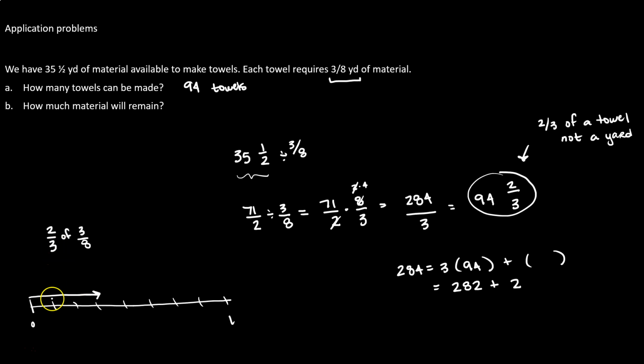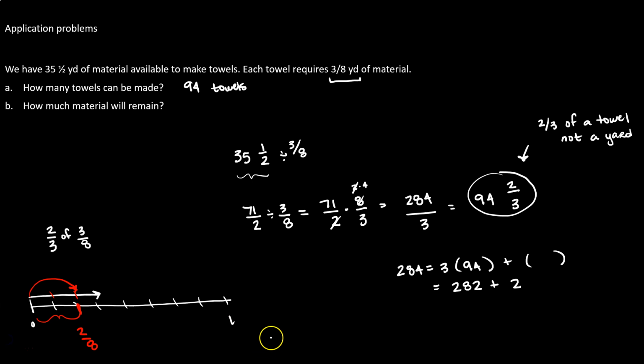So we would need to cut 3/8 into thirds and then take 2 of them. That would be this mark. So if we're looking at a full yard, 2/3 of 3/8 is actually equal to 2/8. We have 2/8 of a yard left over.